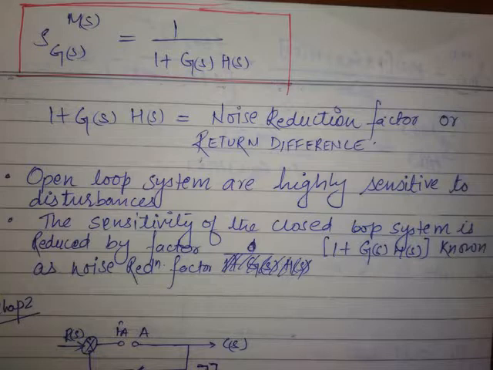Let us see how it works. The controller output is 1 by Ti integral of A dt, because E is A. It is A by Ti into T. This is the response of the controller. This is how it is responding.